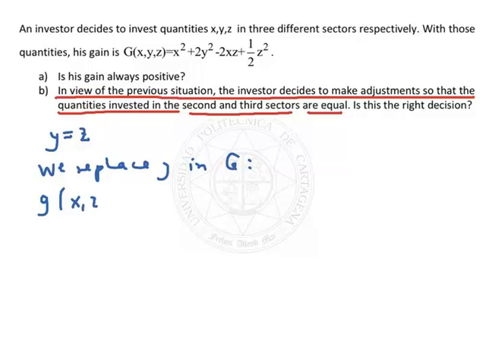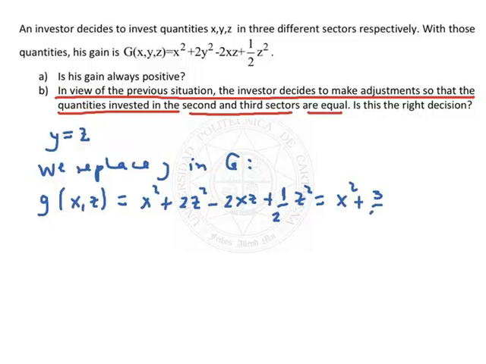So the lowercase g of x and z equals x squared plus 2z squared minus 2xz plus 1 over 2z squared, equals x squared plus 5 over 2z squared minus 2xz.